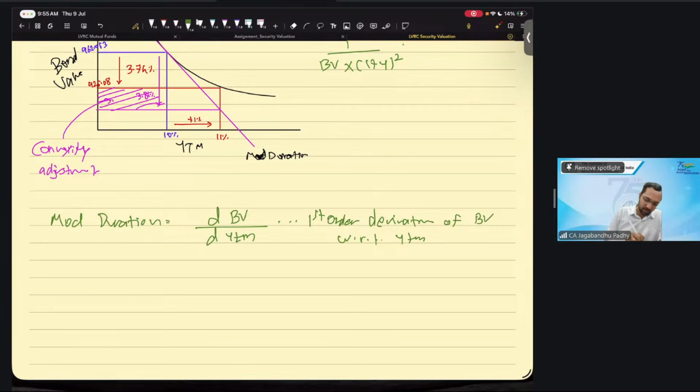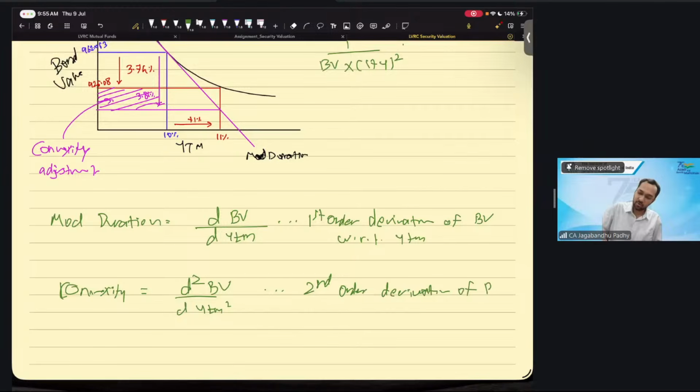On the other hand, convexity is d square BV upon dYTM square, which is the second order derivative of bond value with respect to YTM.